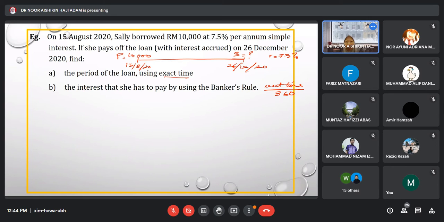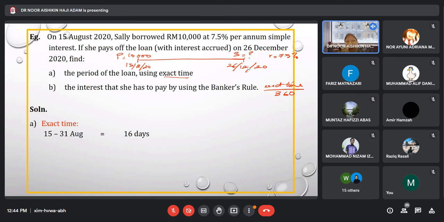So kalau exact time, you want to count exactly how many days there are between 15th August and 26th December. And to do that, you buat macam ni. You go month by month, beginning with 15th August. So in August, you know there are 31 days altogether.